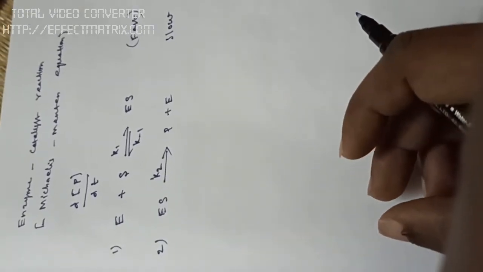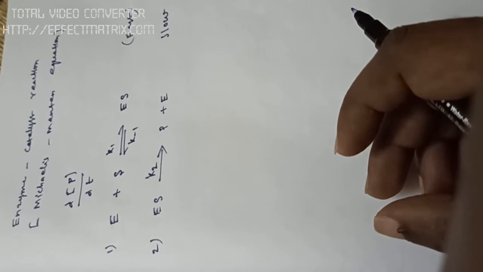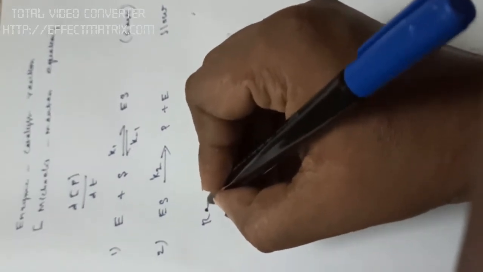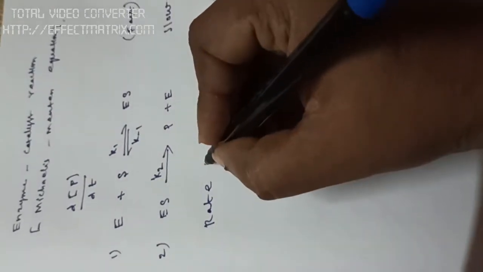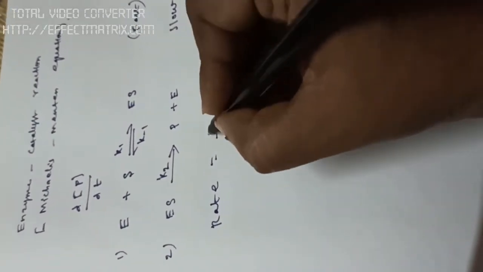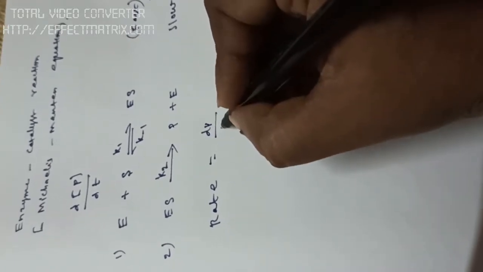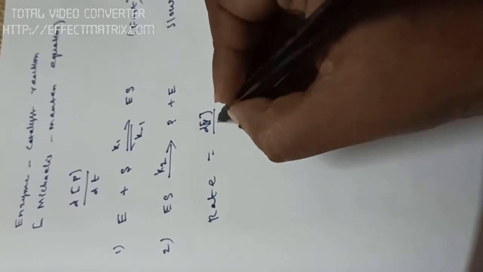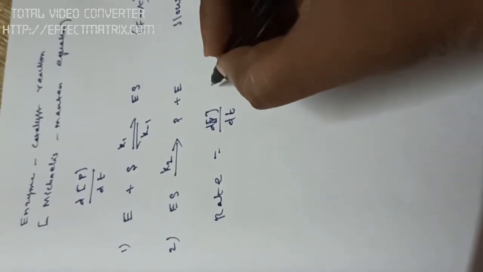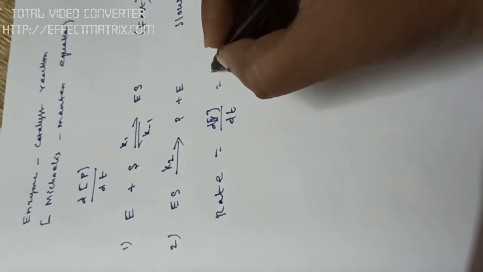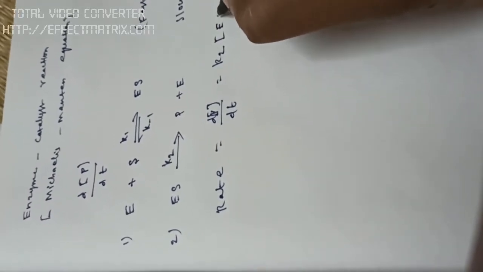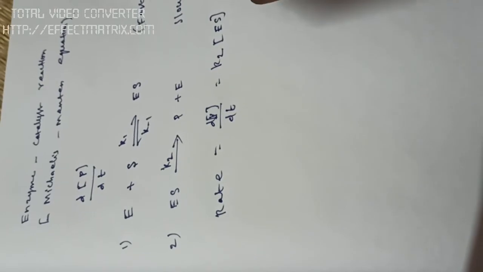So the rate of reaction can be written from the step 2 reaction as: dP divided by dt equals K2 times the concentration of enzyme substrate complex.